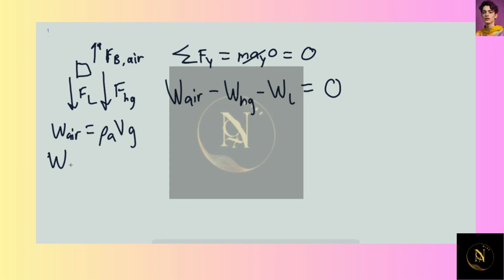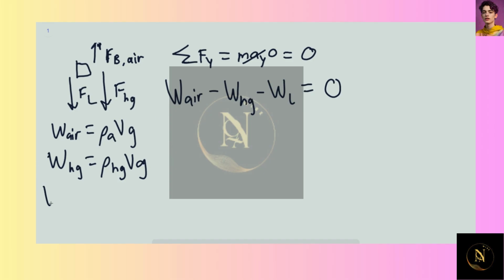Similarly, the weight of the heated gas is the density of the heated gas times the volume. These two volumes are the same because the heated gas has a volume equal to the amount of air being displaced in the atmosphere, and then times g, the acceleration due to gravity, once again.